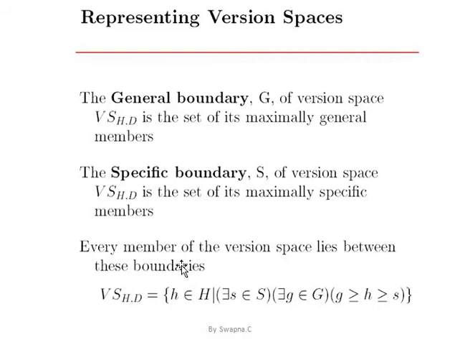Every member of the version space lies between these 2 boundaries. The specific boundary is represented with the capital S, and whatever hypotheses lie between these 2 boundaries we call the version space.